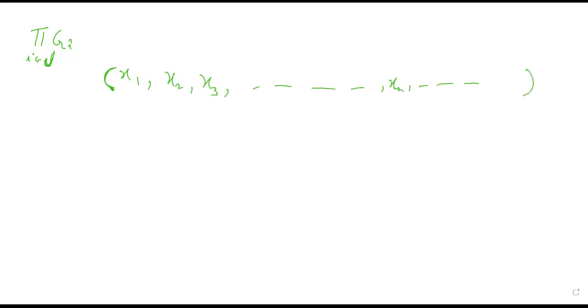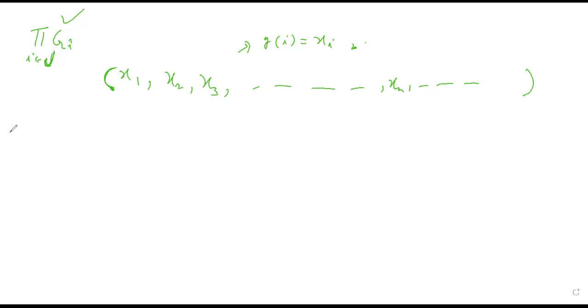So this infinite tuple, the elements of this direct product, will look like this. This will correspond to that g in this, such that g(i) equals x_i.